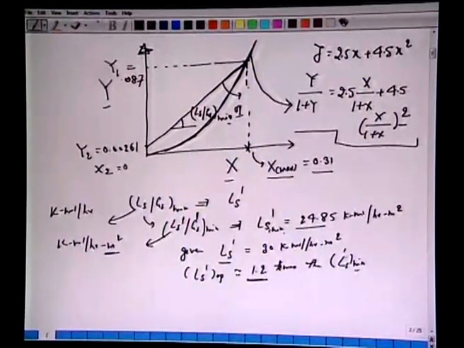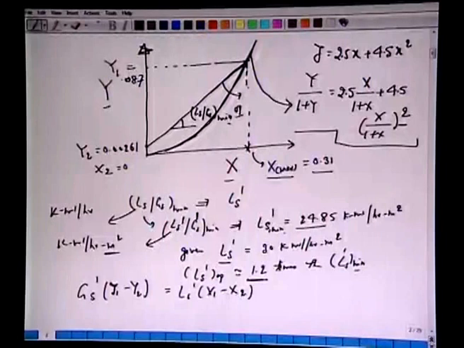Okay. If you want to solve analytically, all we have to do is write down the expression for the operating line, which is capital Y1 minus capital Y2 equals LS prime times x1 minus x2. So, this would be our equation for the operating line, okay. And make a note here that we are using this superscript again because it is per meter squared.